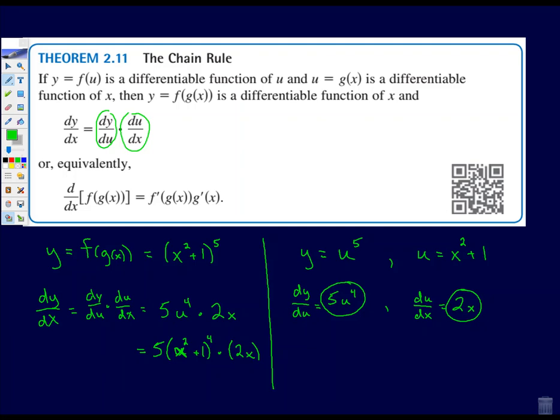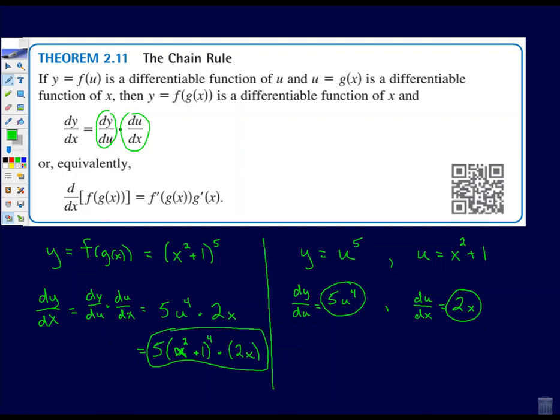Now, we're hoping that you'll get to the point where you do not need to necessarily do all of this side work to write out this template. But for now, today, I'm going to do that each time. Okay, so notice I needed two basic derivatives: the power rule to differentiate the fifth power function, and then the power rule or constant rule to work out the derivative of x squared plus 1, and then we multiply it together.